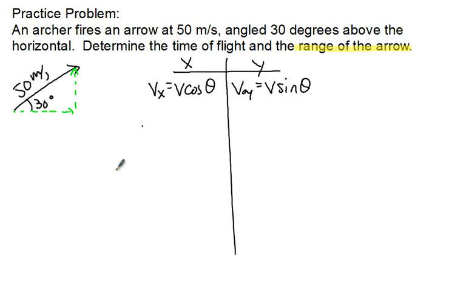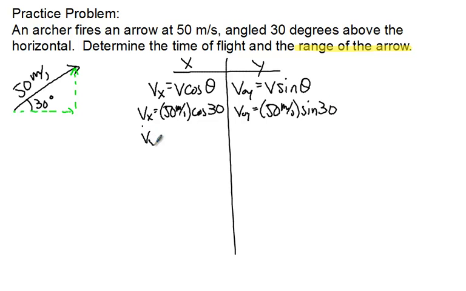So we're going to plug in to these two relationships, and I'm going to say that Vx is 50 meters per second times the cosine of 30, and V naught y is 50 meters per second times the sine of 30. Okay, so we're going to plug that into our calculators, and we're going to say 50 cosine of 30, which gives a value of 43.3 meters per second.